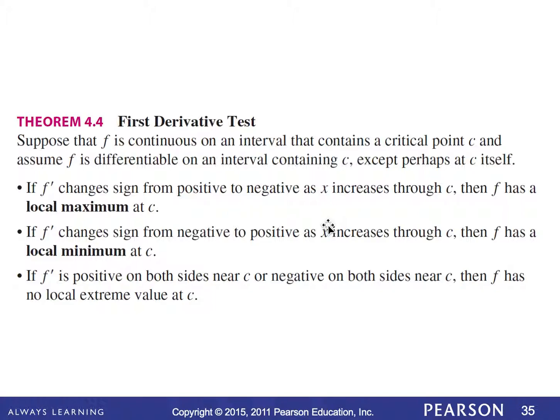Instead of plugging into the original function, because we're not given an interval, we are going to set up the first derivative test. So this is why we're using this and not the other method. We don't have a closed interval. So you're going to take all those critical values and set up intervals on the number line. For instance, let's say I have the following critical values: 0, 5, and 8.